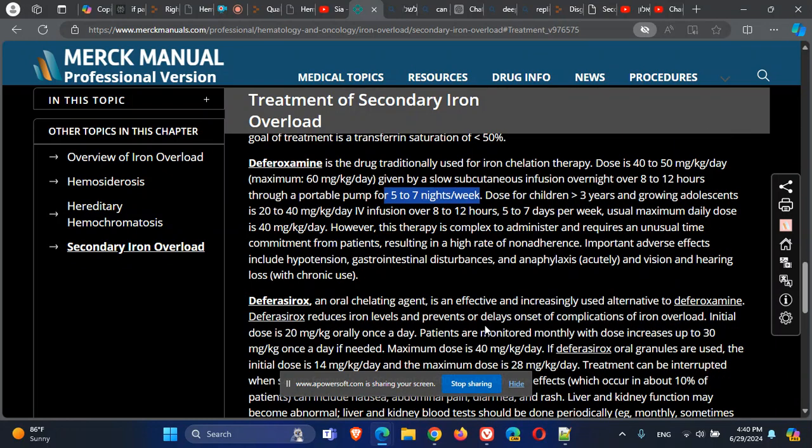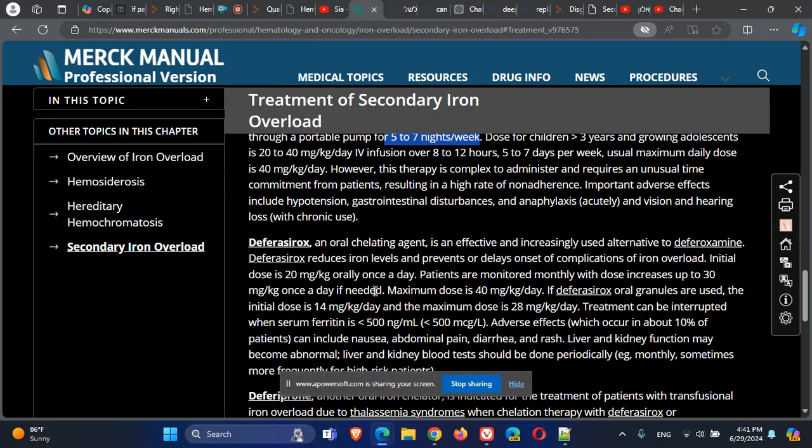Also, there are adverse effects: hypotension, GI disturbance, anaphylaxis, vision and hearing loss. It's quite complicated, and therefore the adherence of the patient to the treatment can be low.